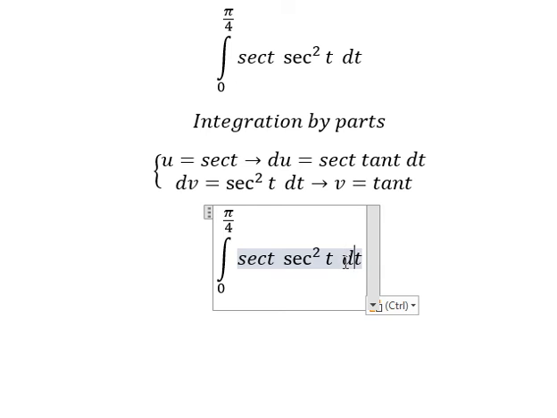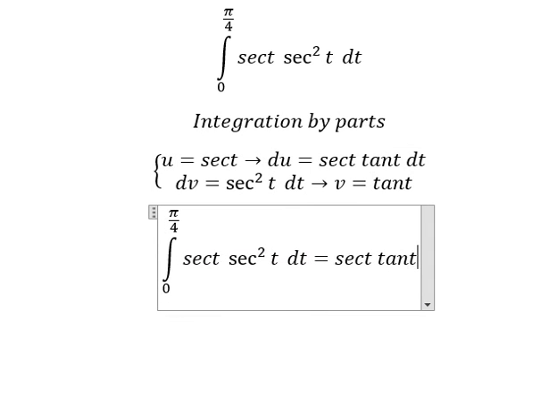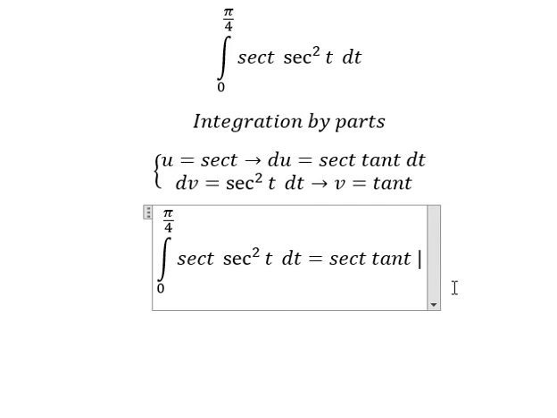So we have u multiplied by v, and then we put the bounds from 0 to pi over 4.